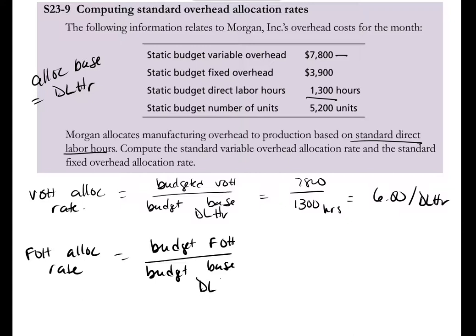In this case, it's direct labor hours. So I'm anticipating 3,900 in fixed overhead. I'm going to allocate that over 1,300 hours, so I get a rate of $3 per direct labor hour. So I'm going to need some of these numbers on the next problem, so I might have to flip back and forth here a little bit.